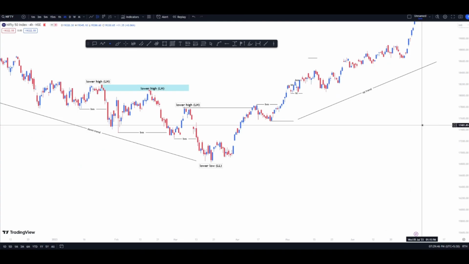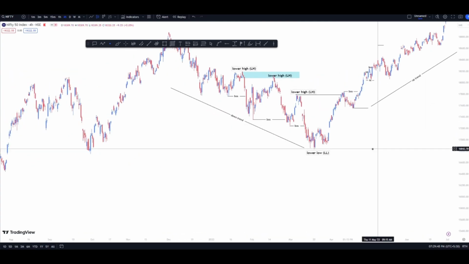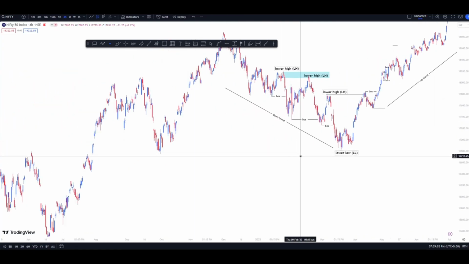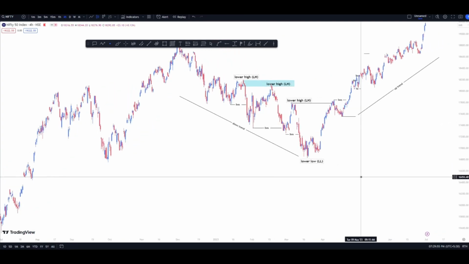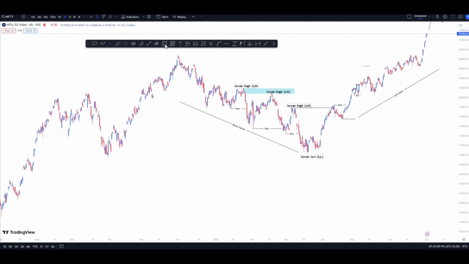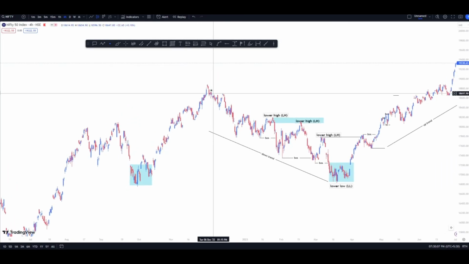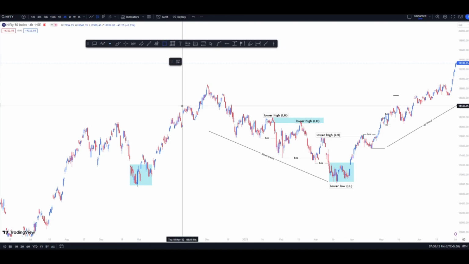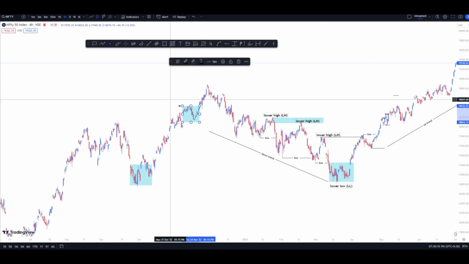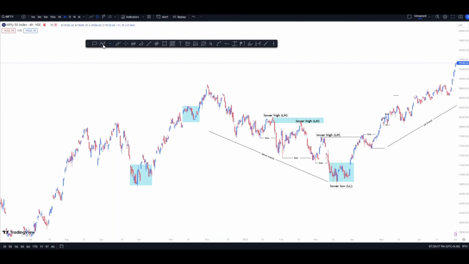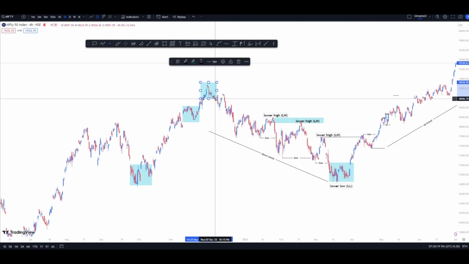One more thing: whenever price tends to change its trend, it will take a brief pause. Like this, here we have a consolidation, and here we have a consolidation. Here there is not much of a consolidation, but we have distribution, manipulation, and then redistribution.